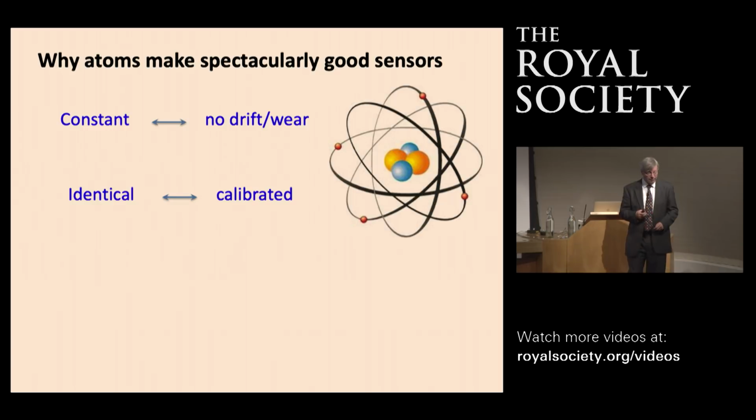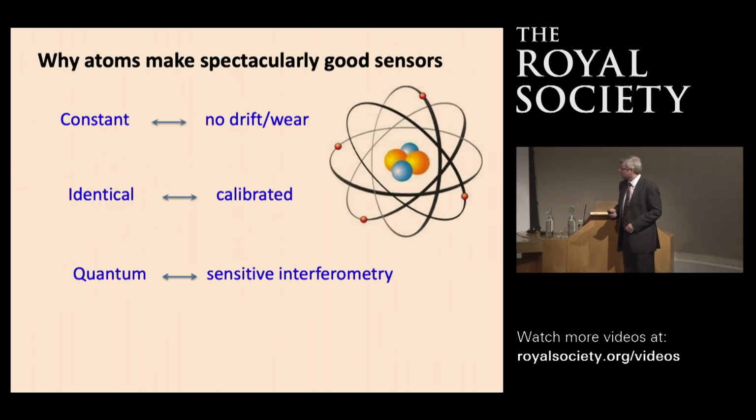If you compare one cesium atom with another cesium atom, they behave exactly the same way because they're stuck together by 3 very simple ingredients following a very simple law that is not changing. So they're always the same. So they're calibrated. And then, of course, the fact that the electron is a quantum thing whose motion is controlled by waves gives you the chance to do interferometry, and that makes them very sensitive as detectors.